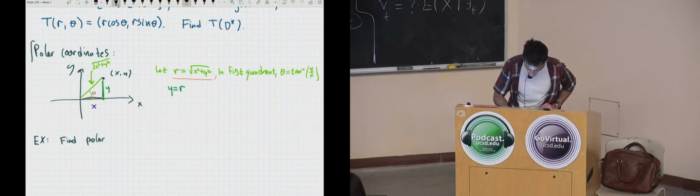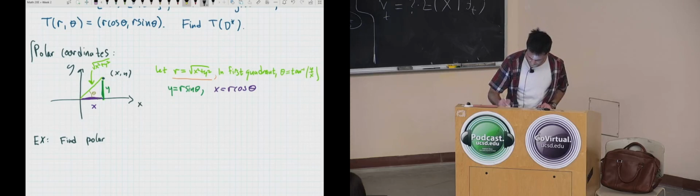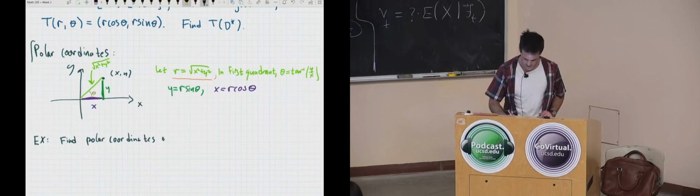Y right here is r sine theta, and x down here is r cos theta. Let's find the polar coordinates of the point.